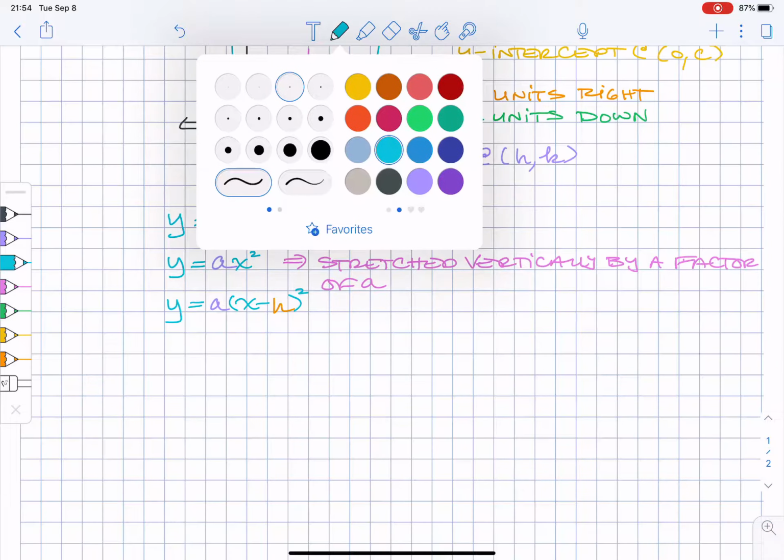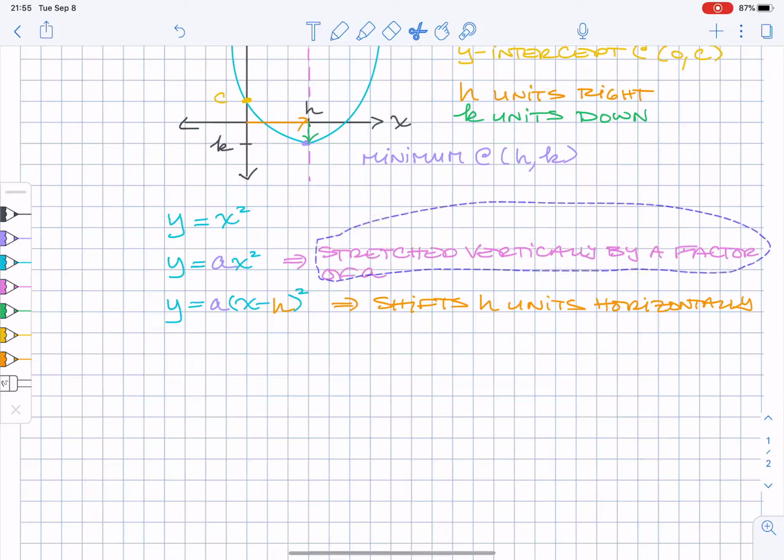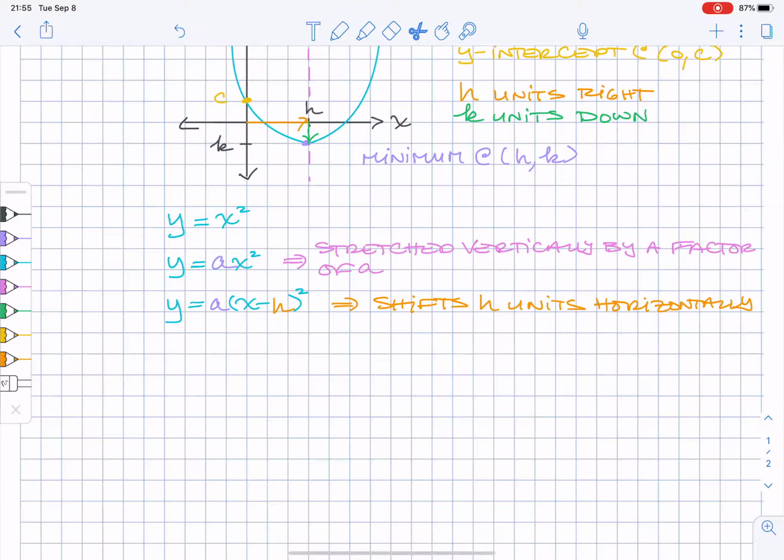So this would be shifts h units horizontally. Let me move this up a bit. This is going to be confusing. Let's move this there. Okay.